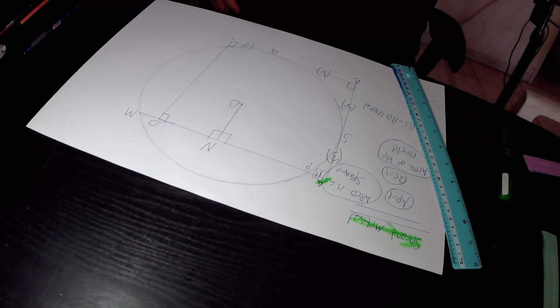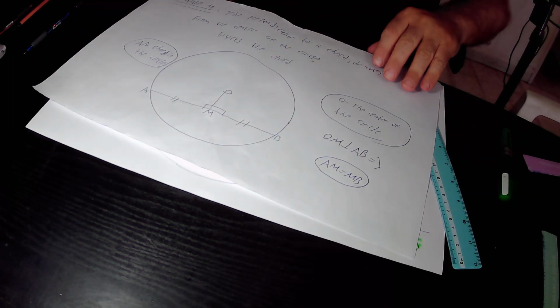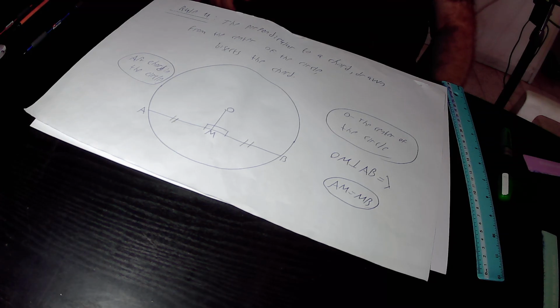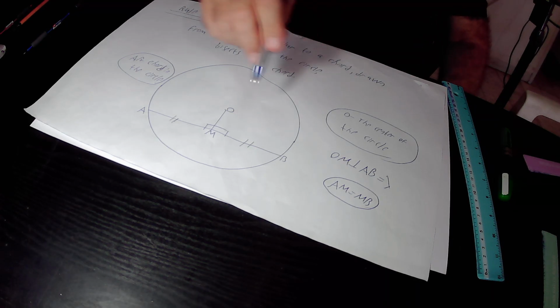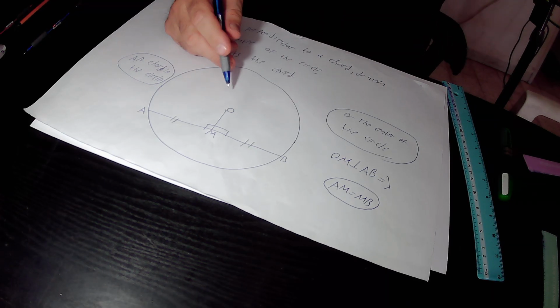And therefore we can implement rule 11. So I'll click on rule 11. According to rule 11, the perpendicular to a chord drawn from the center of the circle bisects the chord. So in the moment we have a circle. Point O is the center of the circle.